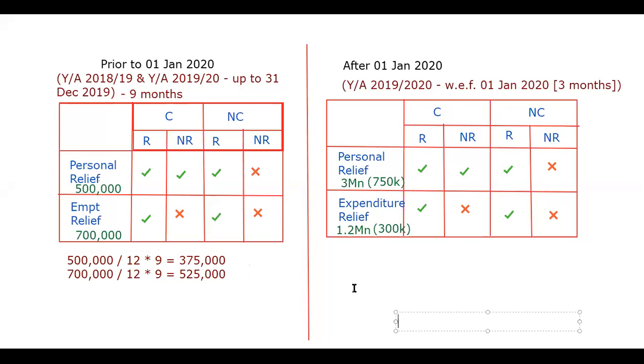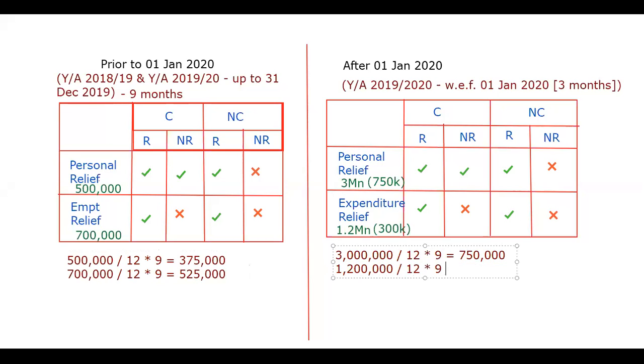is for 9 months. Here, as I mentioned, 3 million for your year of assessment is important, divided by 12 into 9, how much is it? 750,000. Then the 1.2 million divided by 12 into 9 is equal to 300,000.